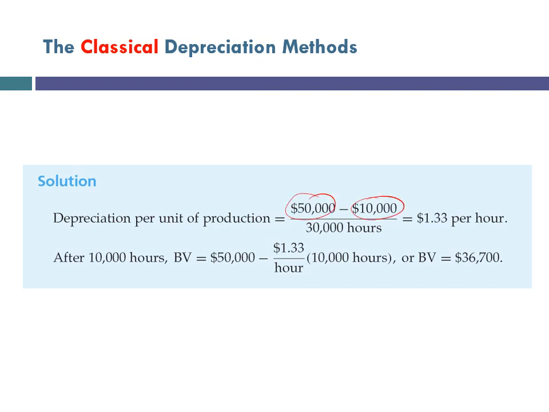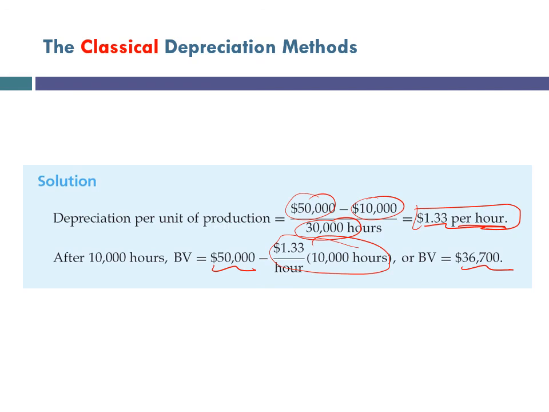So this is the solution. 50,000 minus 10,000, divided by 30,000, is the depreciation rate per unit of production. And from this initial cost basis, if you subtract this depreciation amount, the book value can be calculated as this much. So this is the end of this lecture and our discussion in this topic.